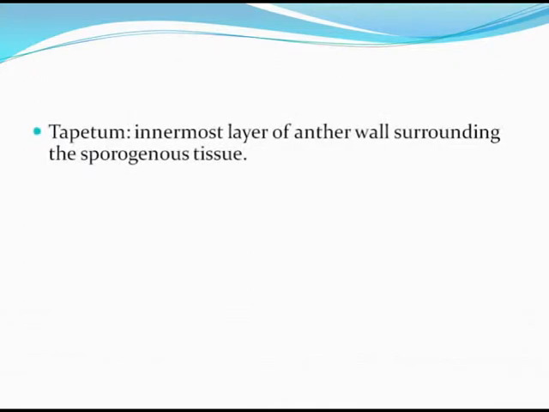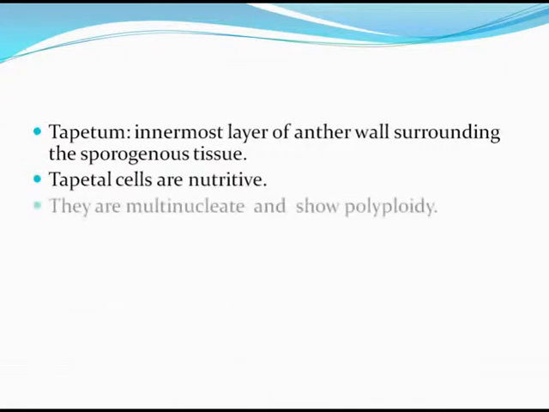The innermost layer of the anther wall surrounding the sporogenous tissue is the tapetum. The cells of the tapetum are nutritive, multinucleate, and show polyploidy. They are again of 2 types.